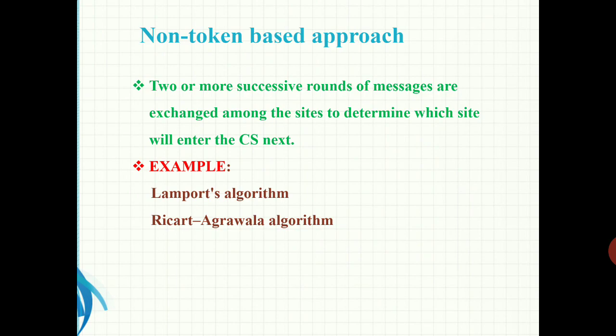This approach uses timestamps instead of sequence numbers to order the requests for the critical section. Whenever a site makes a request for the critical section, it gets a timestamp. The timestamp is also used to resolve conflicts between critical section requests. All algorithms which follow non-token based approaches maintain a logical clock, that is Lamport's logical clock.